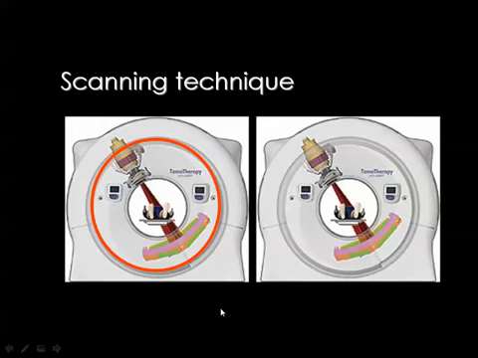So in older machines, the X-ray tube had to rotate half a cycle, then go back to the original side, then rotate in the opposite direction and go back to the original side. This means that in order to obtain one section in the human body, the tube and the detector had to rotate 4 times. And at that time, the CT examination of the chest was done in about 1 hour, 60 minutes.